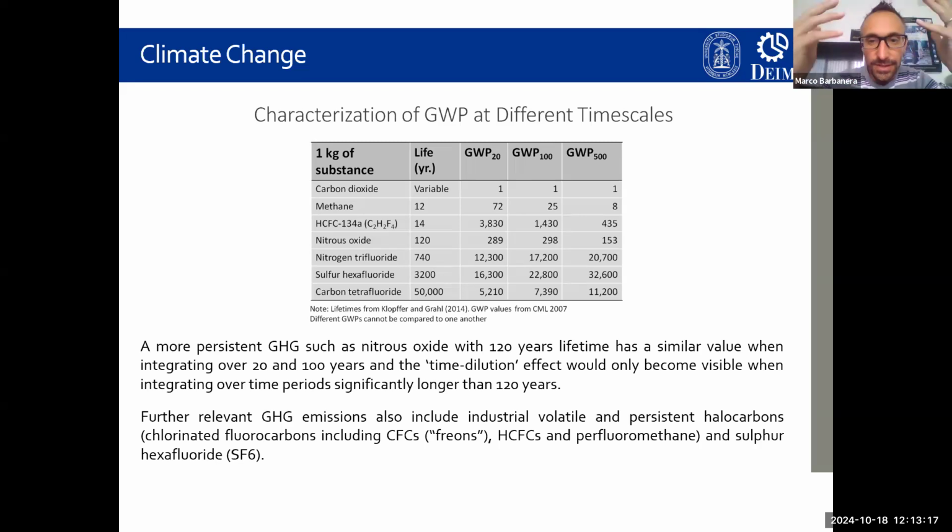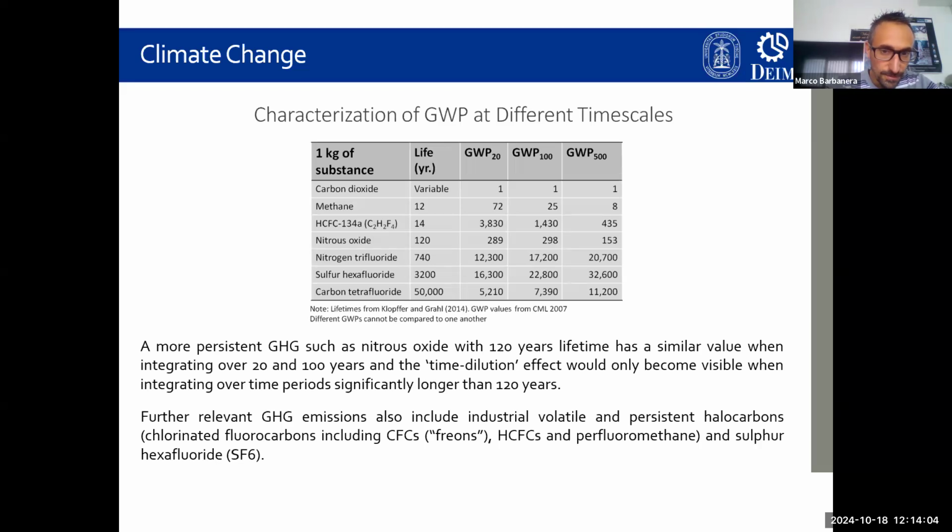But if we consider, for example, the global warming potential at 100 years, we have a significant change to this situation, because in this case, only for 12 years do we have a contribution to climate change, but then we have 100 minus 12 years, so 88 years, during which we don't have any contribution to climate change due to this emission, due to this substance.